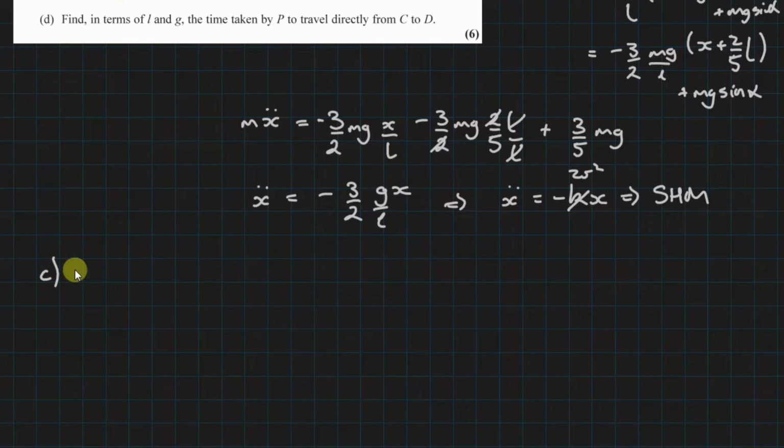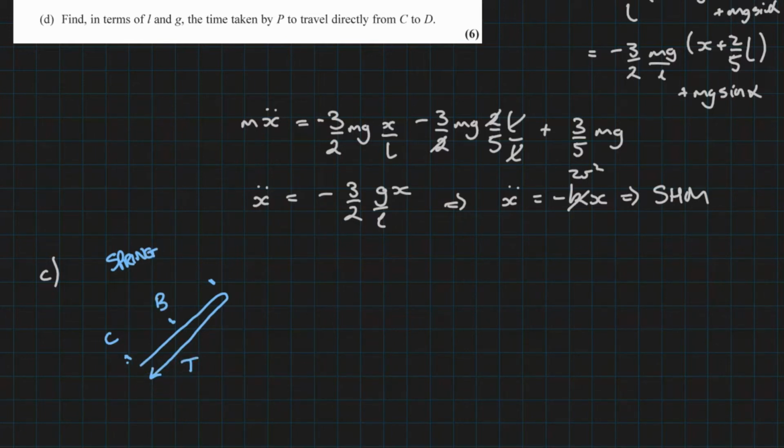And this is where some people made a slight mistake. So if this was a spring, what would happen is we go from C to B, out to the other side, come back, and that journey is one period.